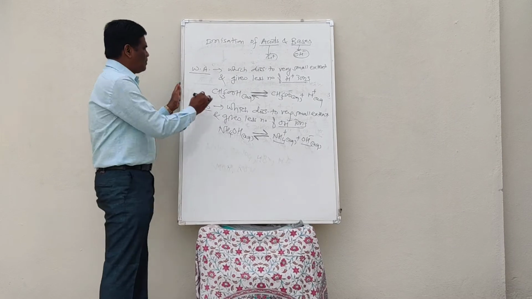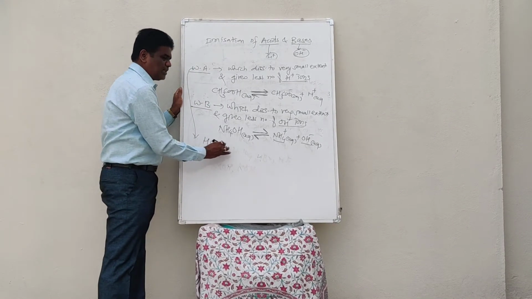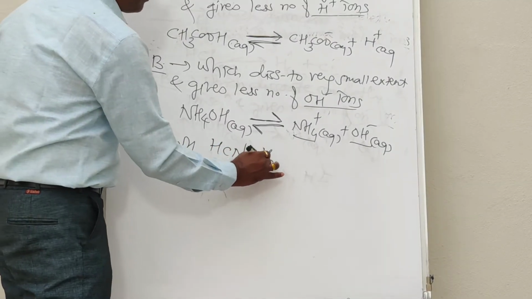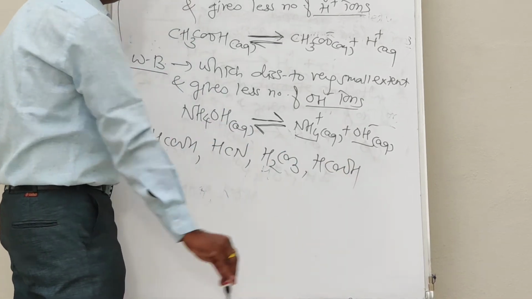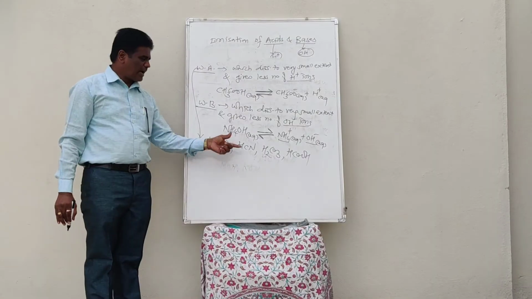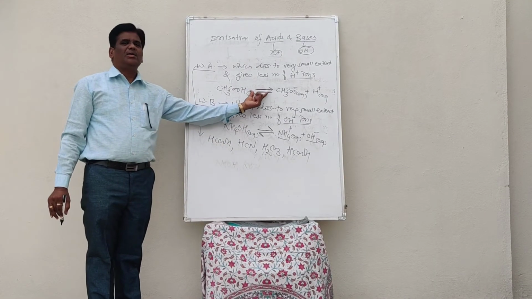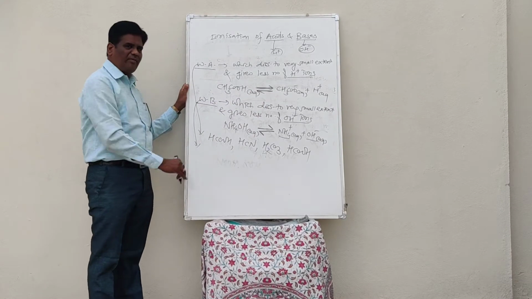There are so many examples of weak acid. You can say formic acid HCOOH, hydrocyanic acid HCN, carbonic acid H2CO3. These are the weak acids, and while writing the ionization of a weak acid, you show it by two arrows. Similarly, there are so many weak bases.